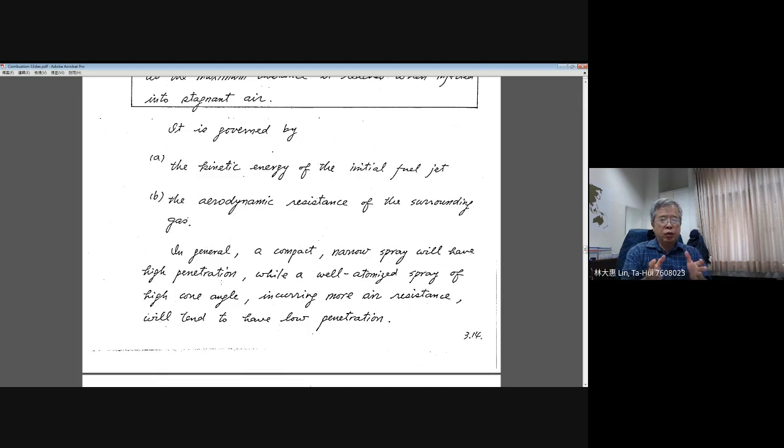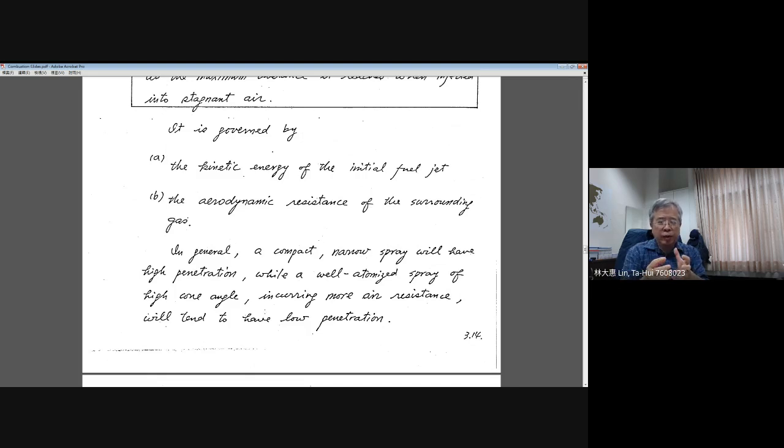But the other group is the so-called well atomizing spray, because we want to produce a large amount of small droplet sizes. Then you need to use different kinds of mechanisms to increase the spray angles. Then you will have high cone angles, and they will produce more entrainment into your spray cone to mix well with the tiny droplets.